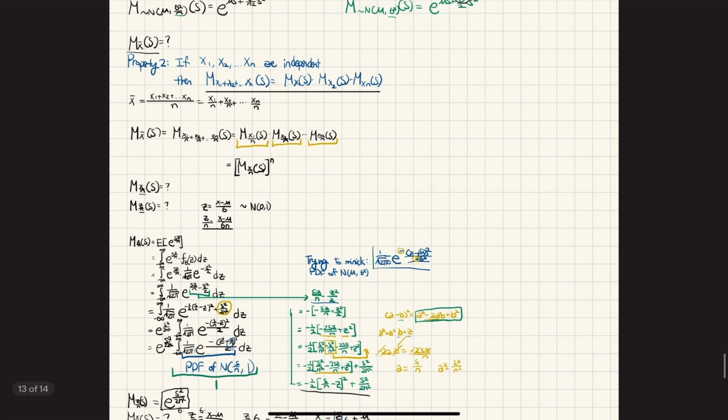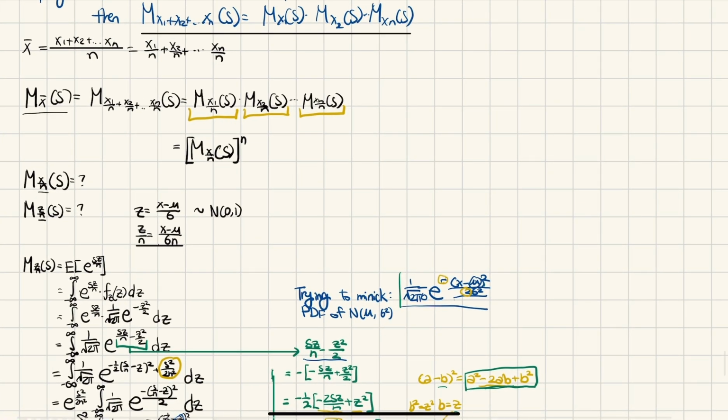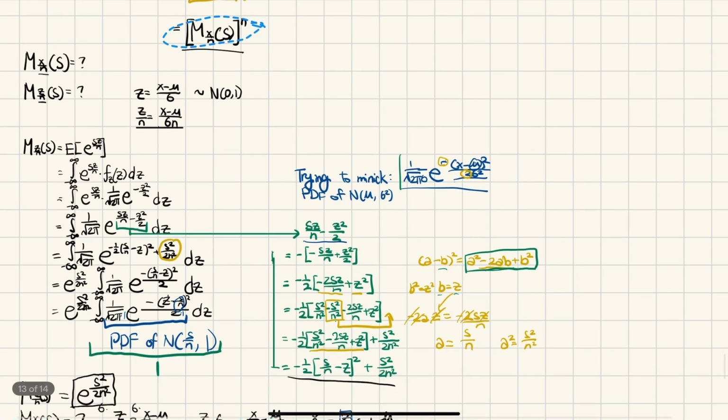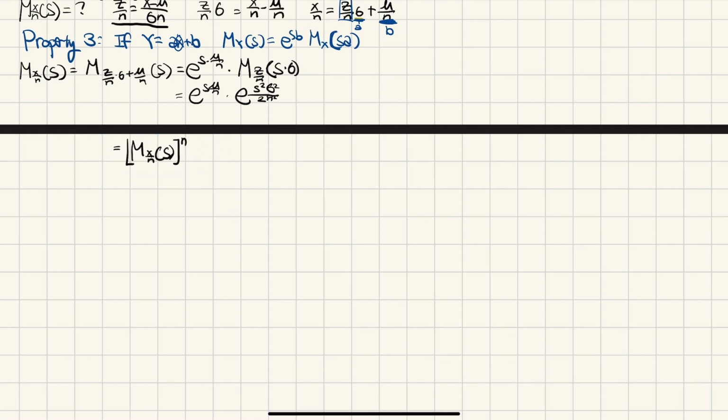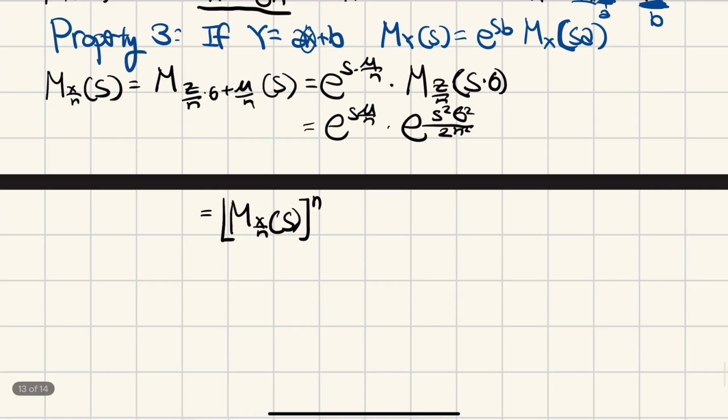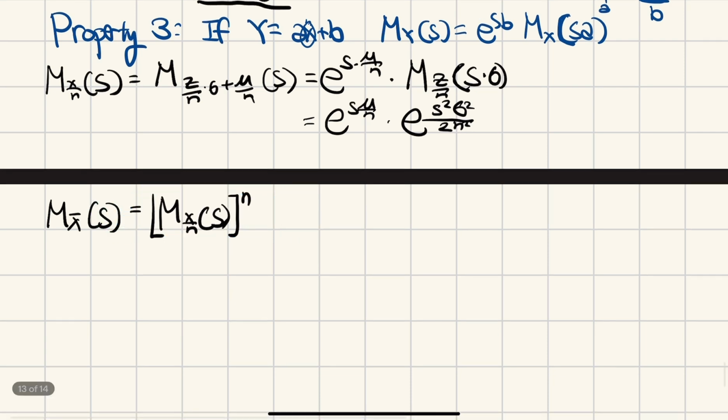Our end goal was to find the moment generating function of X mean, which is this. I can copy it down. So we go back to our end goal of finding the moment generating function of X mean, and we plug whatever we found inside here.